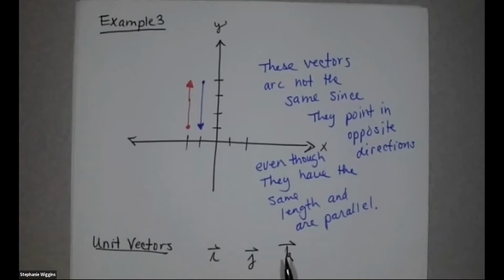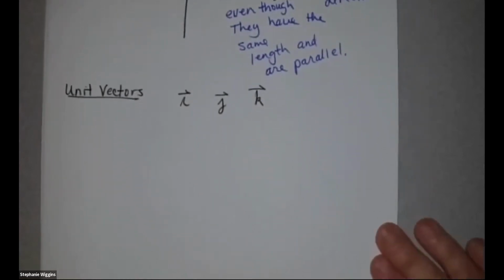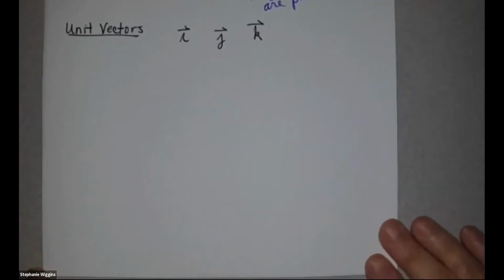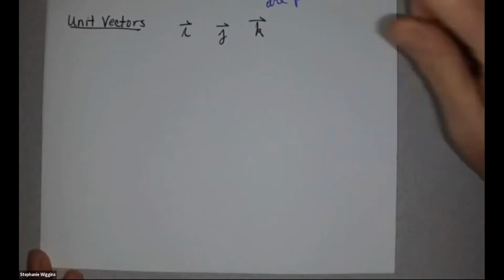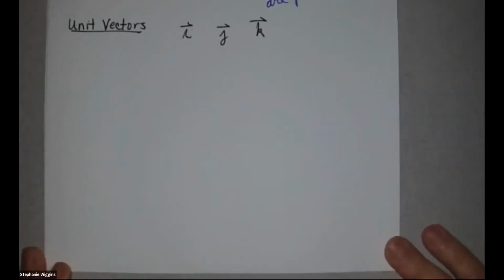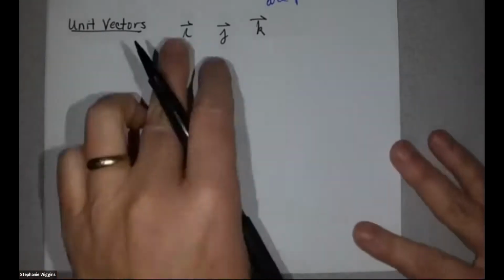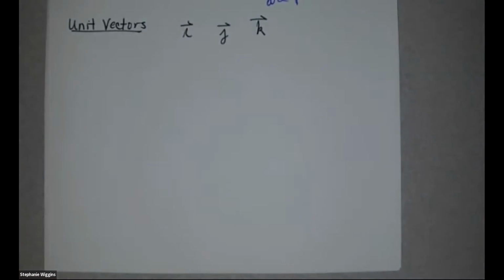But if you're talking about 3 dimensions, then you can add K to that. And so since we live in a 3-dimensional world, K is useful for that purpose. But just for purposes of examples and keeping things easy, I'll mostly talk about I and J.